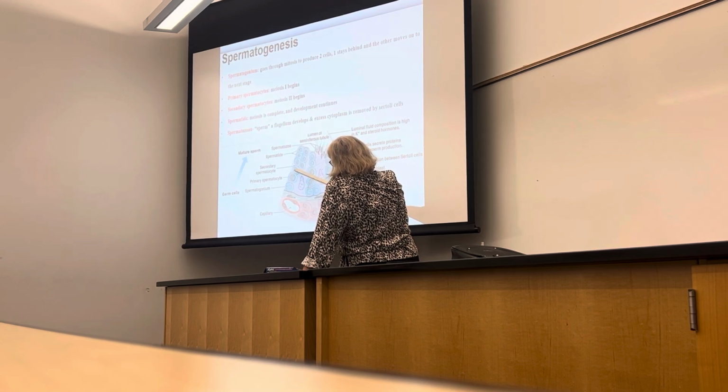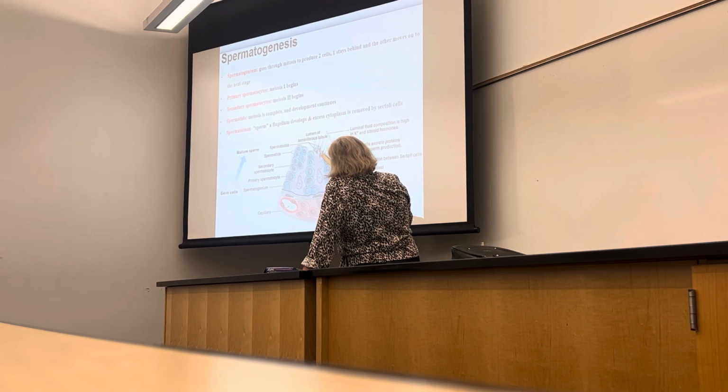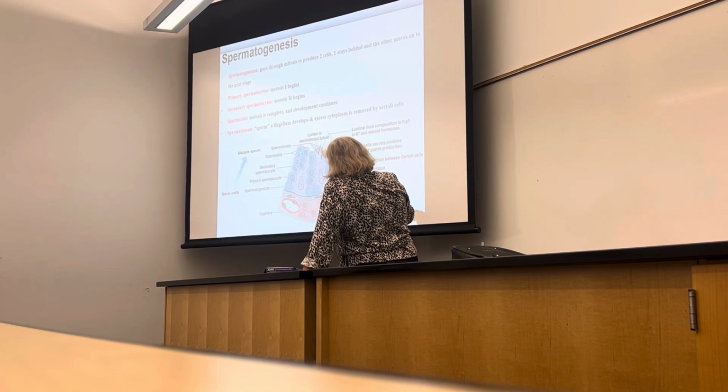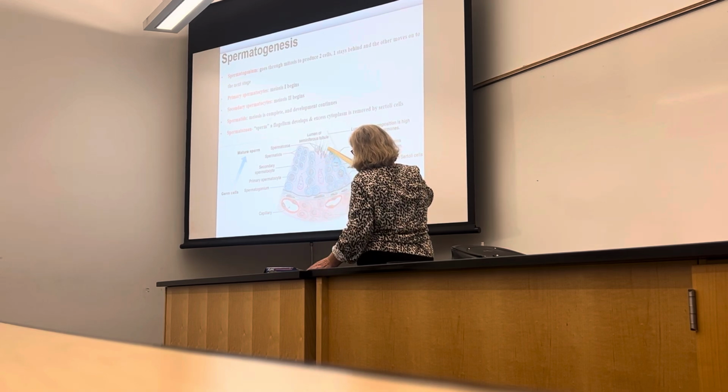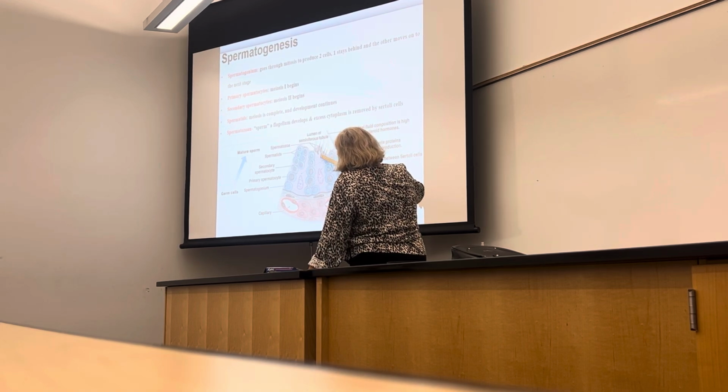The daughter cells of the primary spermatocytes are called secondary spermatocytes, and then spermatids. Meiosis is complete, and you have 4 cells, and at this point they're just going to mature into mature sperm, where the flagellum develops this whip-like motion that enables movement. Also, the Sertoli cells play a role in removing the cytoplasm.